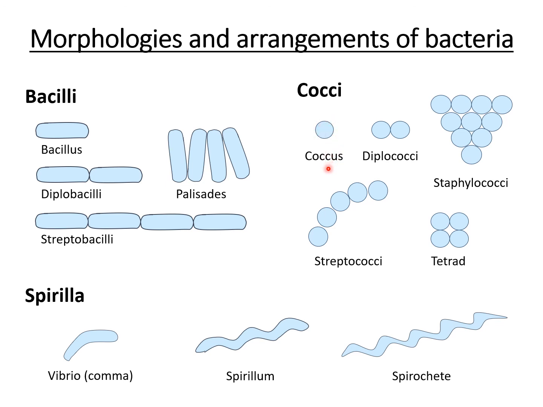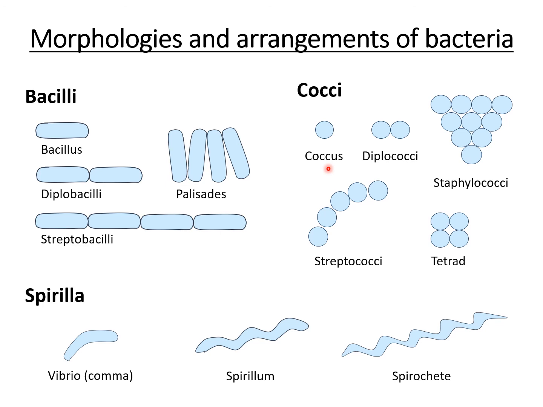Now, will you ever see a bacteria that looks coccus on one day and on the other day it will turn itself into a bacillus? Absolutely not. Bacteria stick with the same shape. They don't change their shape.